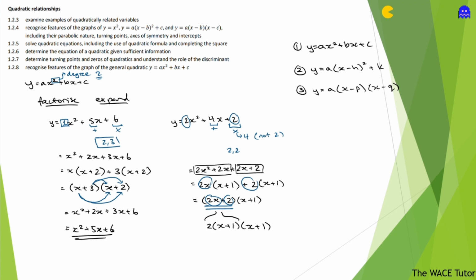And importantly, these different forms will have different associated names and tell us different things. So this is the first, standard or general form. The second is our turning point form. And the third is our root form.